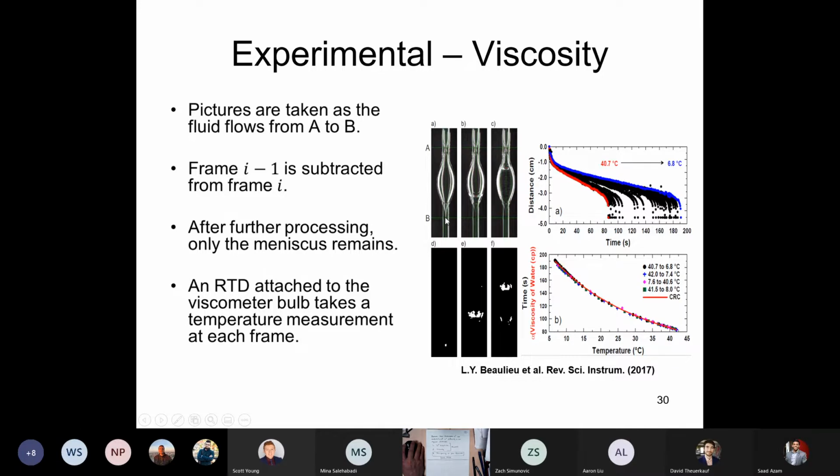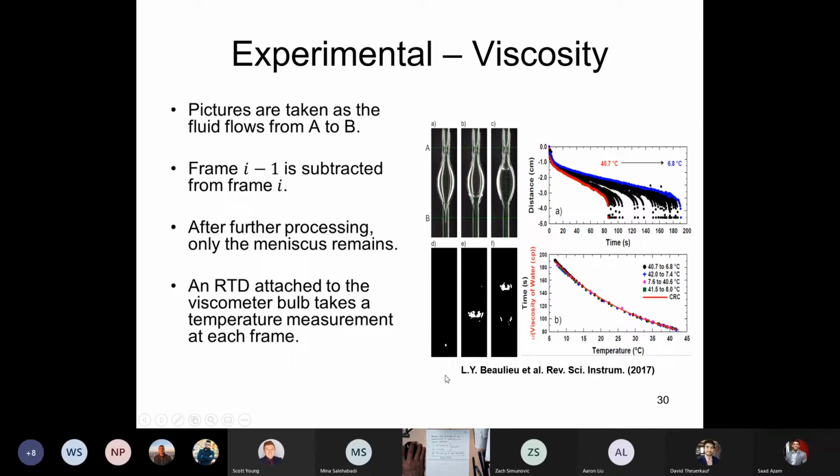So this gets to be incredibly tedious, especially if you want to do it as a function of temperature. So these viscometers, which we have in our lab, not shown in this panel, have a reservoir at the bottom where the fluid flows into, and then with compressed argon, you can force the fluid back up.